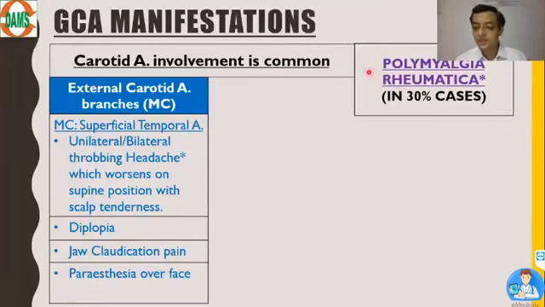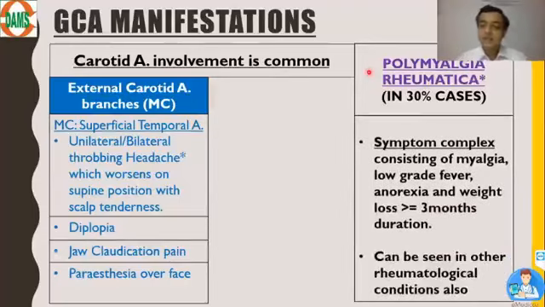So question number 1, what is this polymyalgia rheumatica? Polymyalgia rheumatica is not a disease. It is a symptom complex.